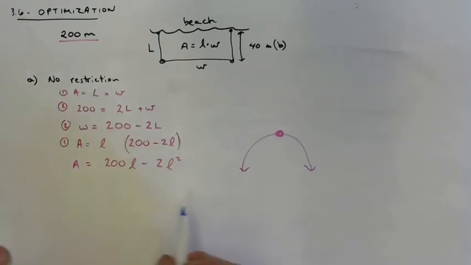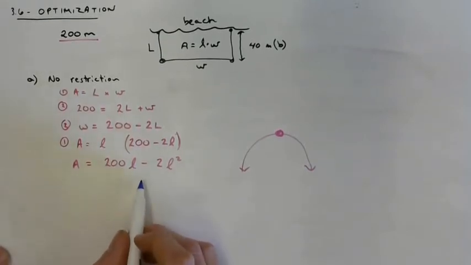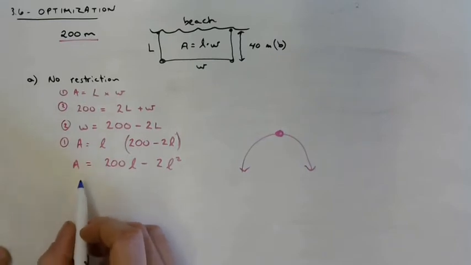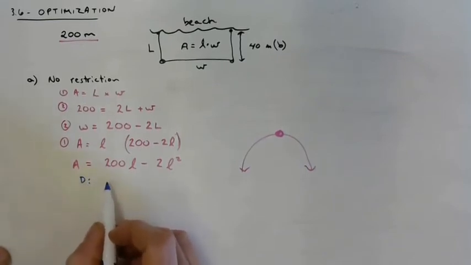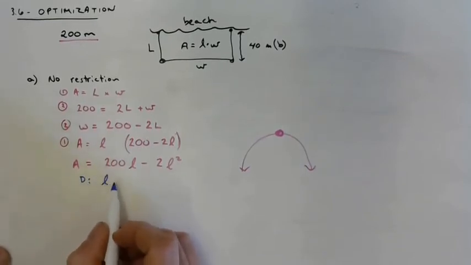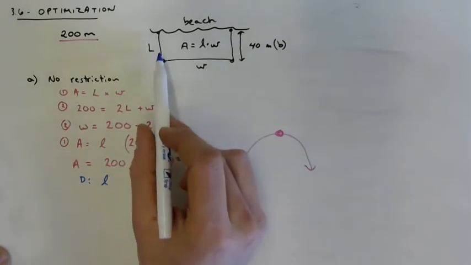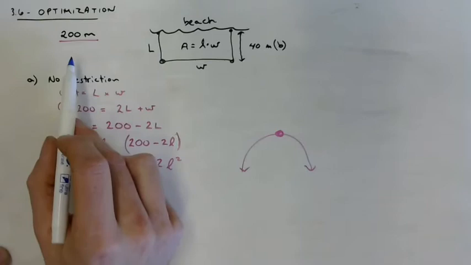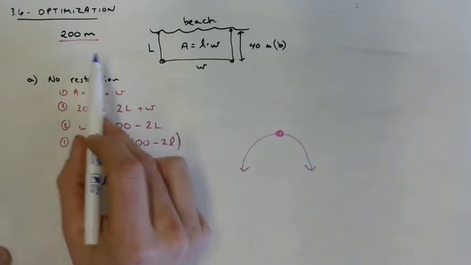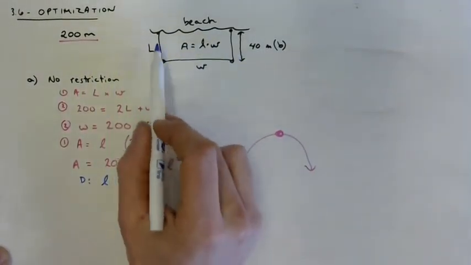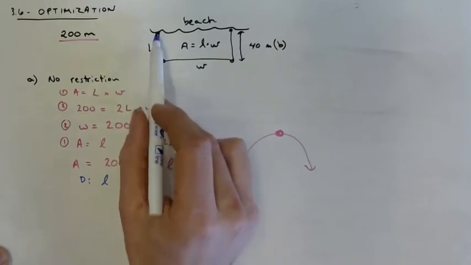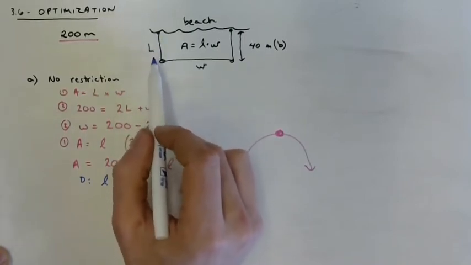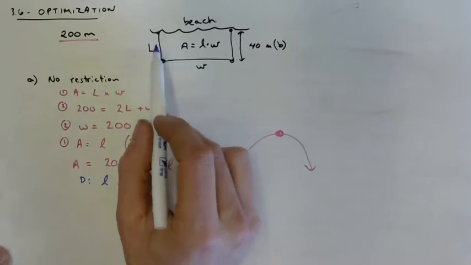I guess at this point too, we'd want to talk about the domain and range. So the allowable values for the domain is the values of L, the length, and length has to be greater than or equal to 0, but it's also going to be less than 100, because we have to at least get there and back, and if it was 100, that would be the whole rope, and if there's no width, then there's no area.